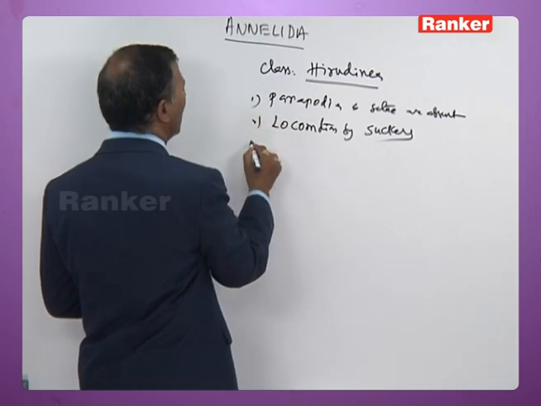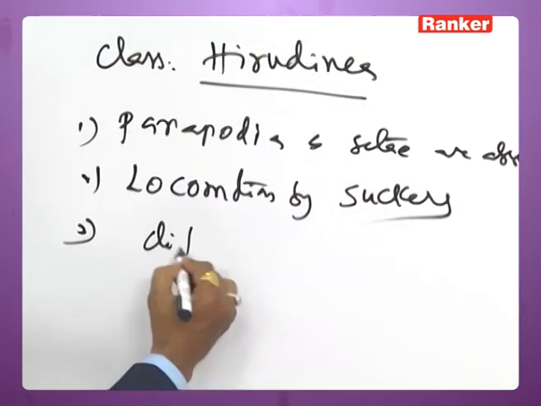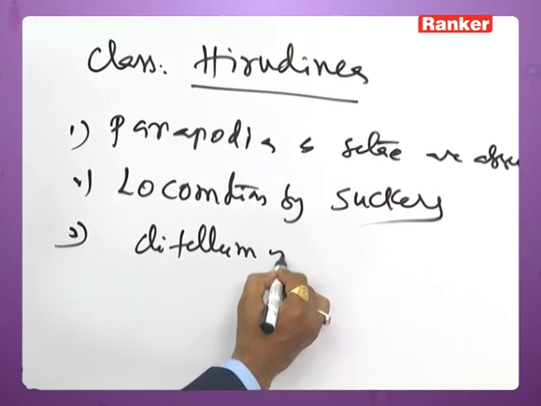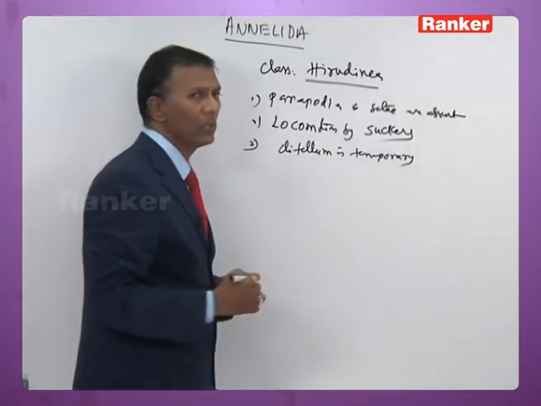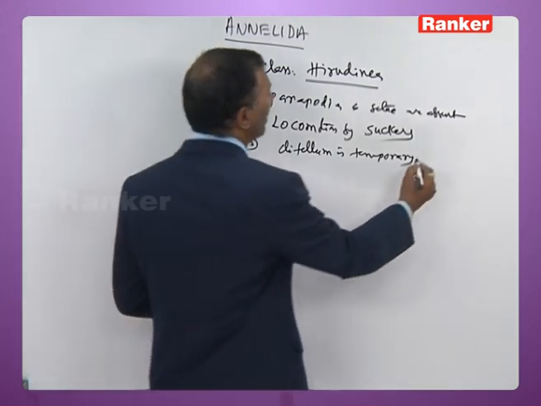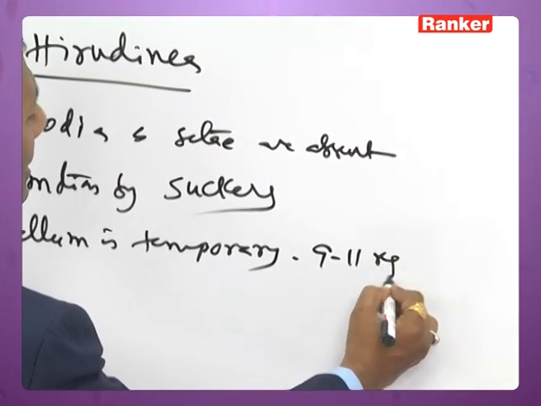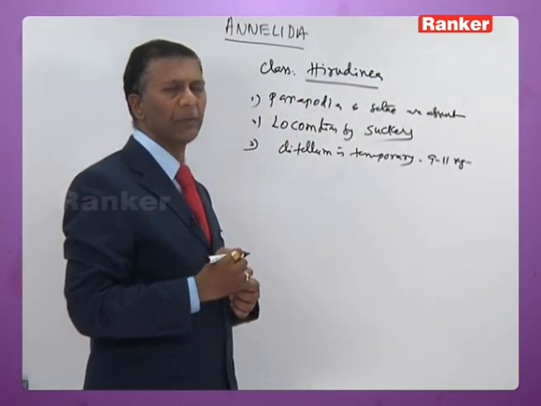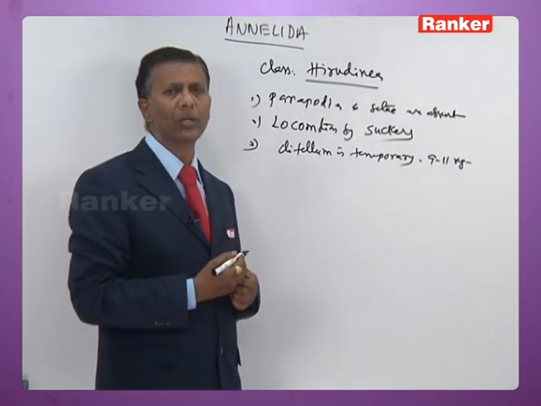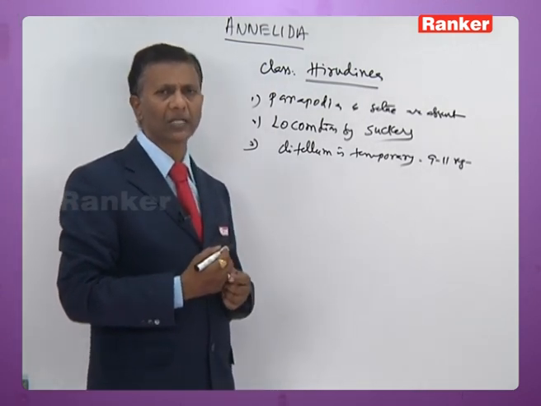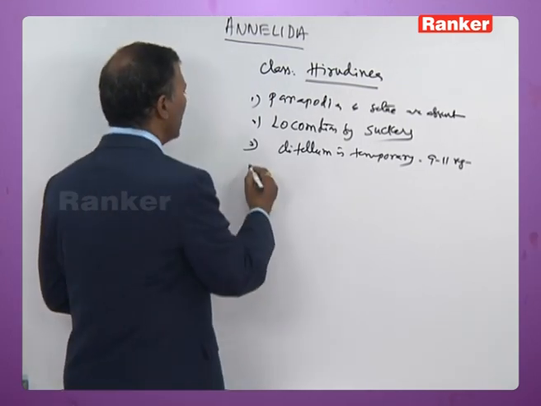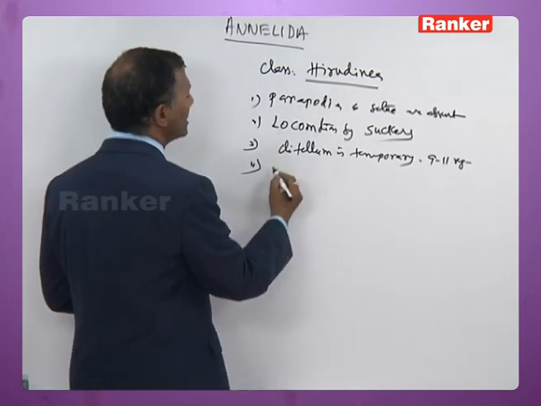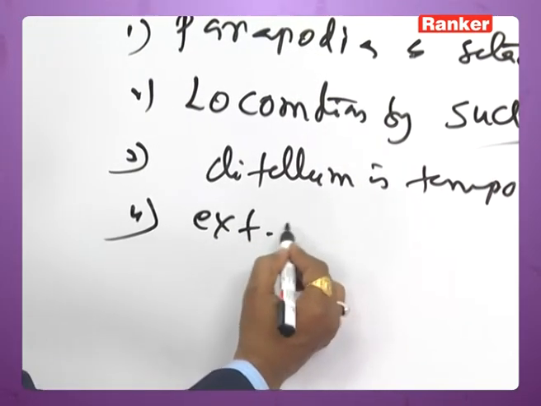Then in Hirudinea, the clitellum is temporary. It appears only during the breeding season, between the 9th and 11th segments. It is a temporary structure, unlike oligochaetes, where the clitellum is permanent. Then in Hirudinea, external segmentation is distinct.